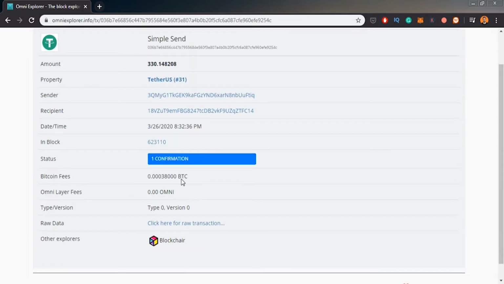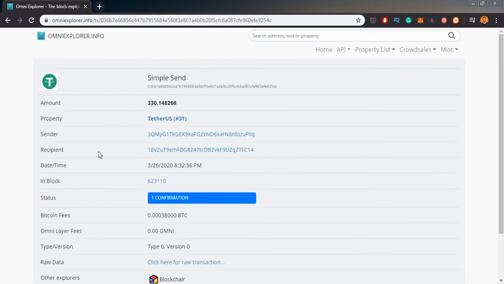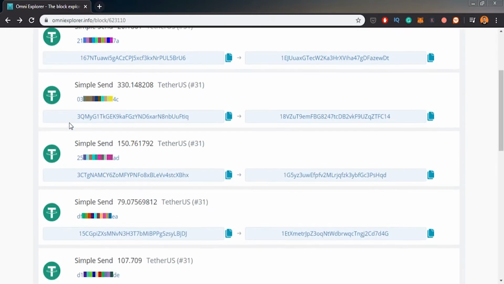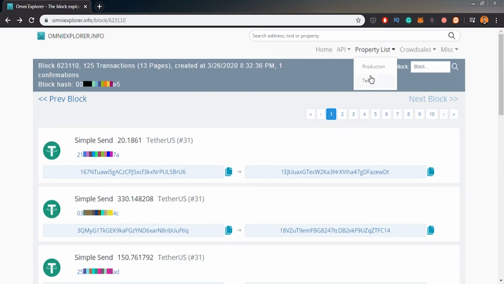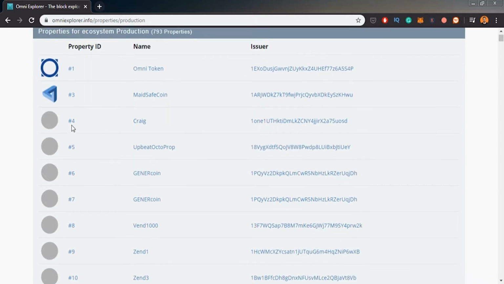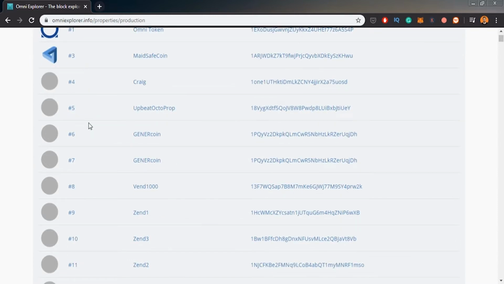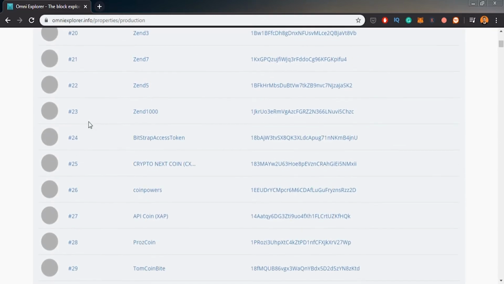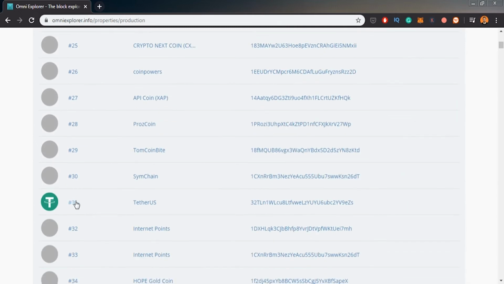Today, just some basics. As I said, Tether, the biggest stablecoin on the market right now, has property ID number 31 on the Omni Layer. It will be important later on when we go into more detail on how it works and how to decode and create these transactions.